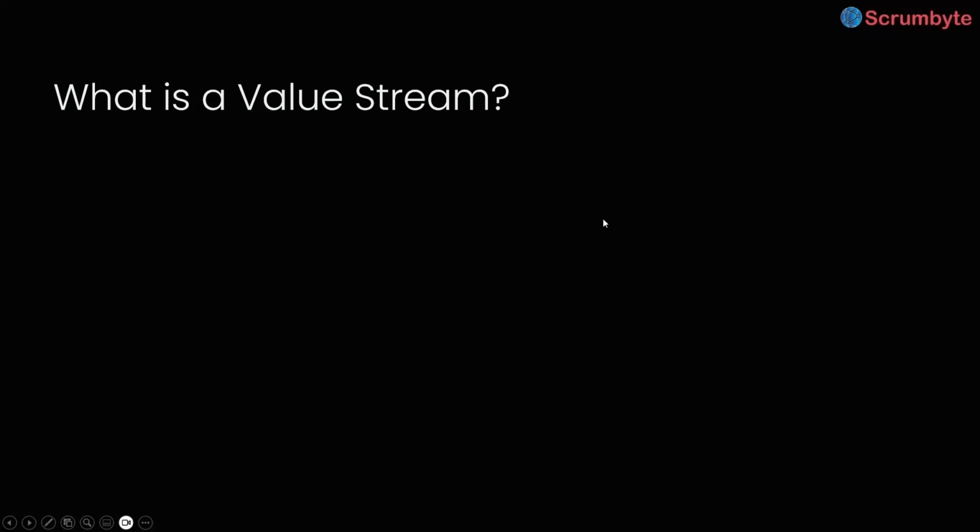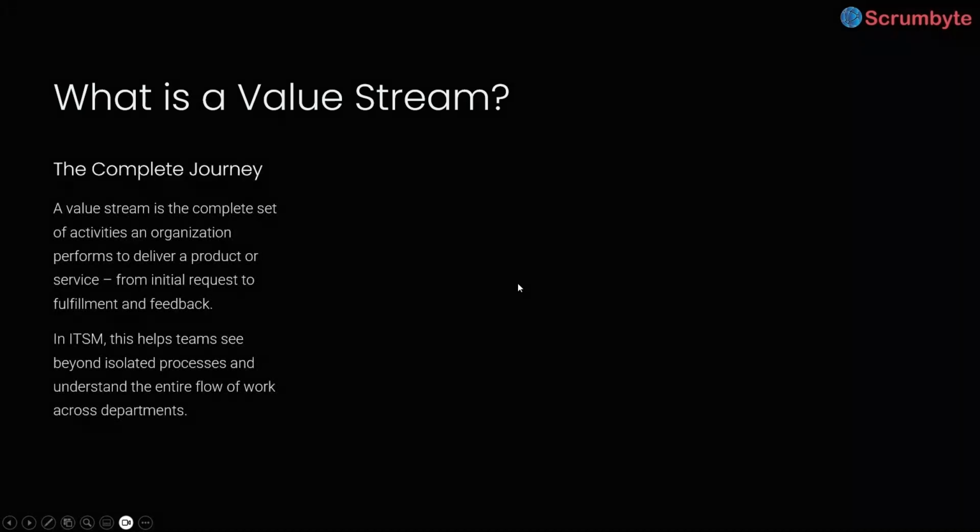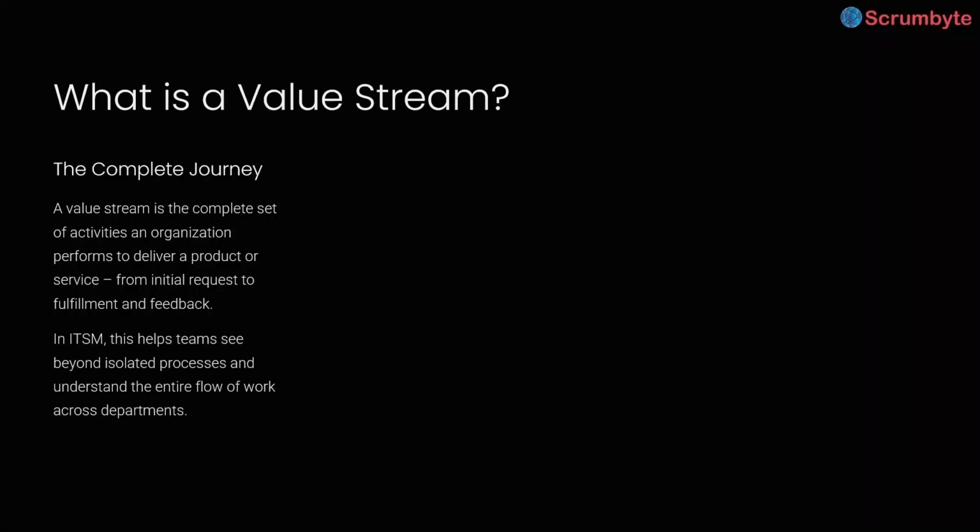So first, what's a value stream? It's a complete journey. Basically what it means is that we talk about not just processes, which is what was there in ITIL 3, but here it is the complete workflow, starting from the request to fulfillment and also the feedback.